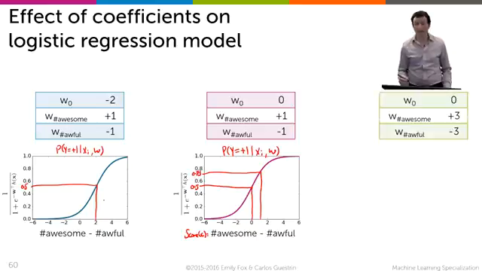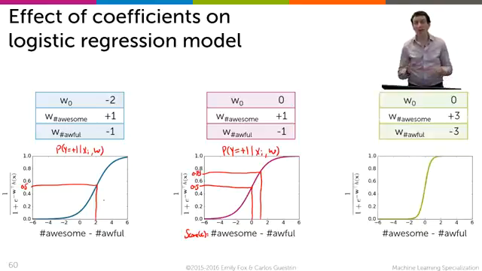Now, if I keep W0 at 0, but I increase the magnitude of the parameters, I get a curve on the right, which is similar to the curve in the middle. If the difference between the two is 0, I still predict 0.5. However, it grows much more steeply.